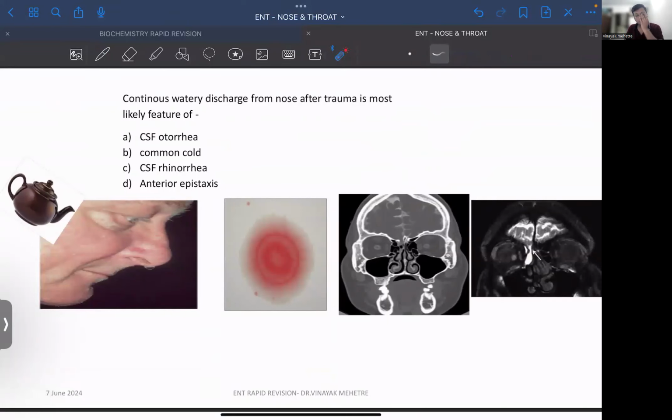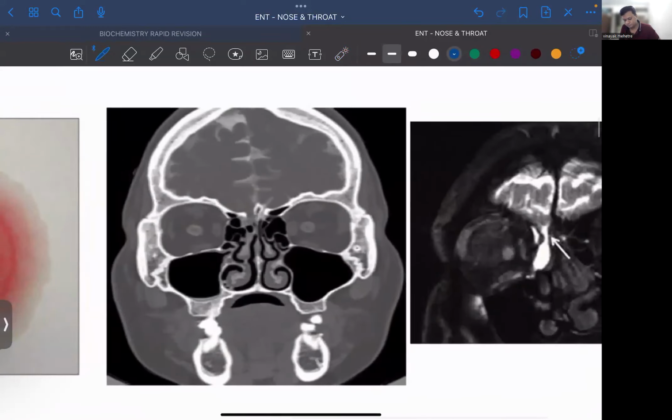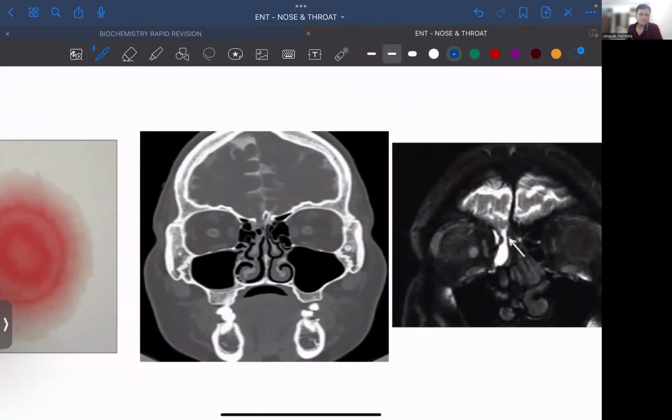Now we come to this question. Continuous watery discharge from the nose after trauma. You know this by now. That is CSF rhinorrhea, right? Which sign do we see? First, take a look. This is CT cisternography.